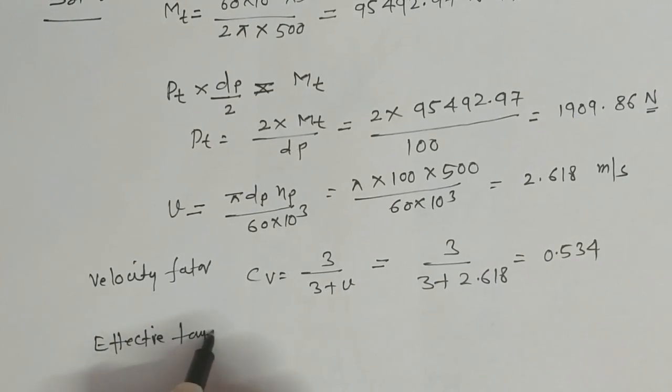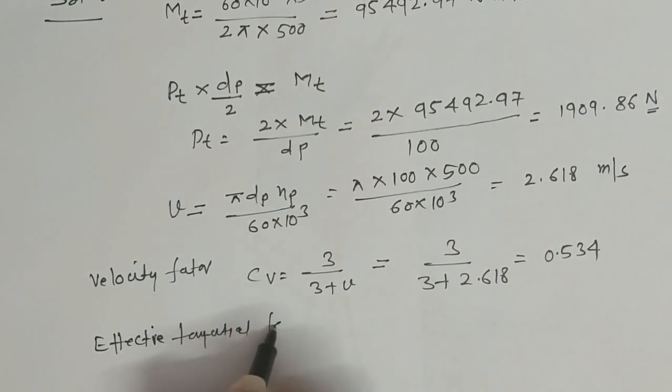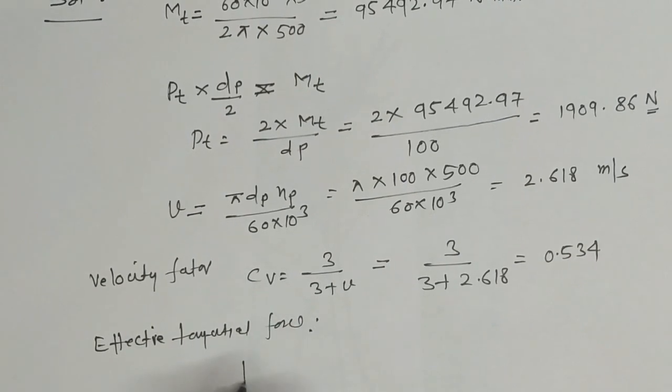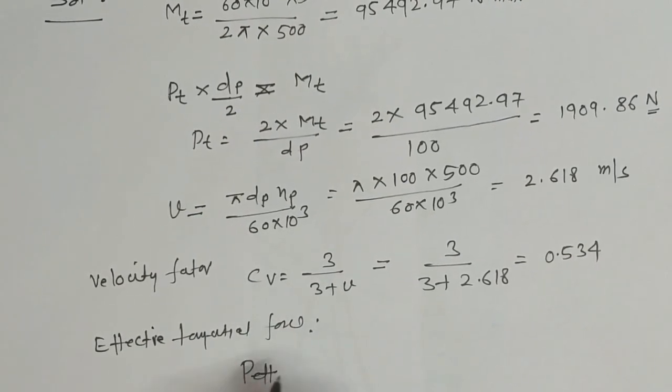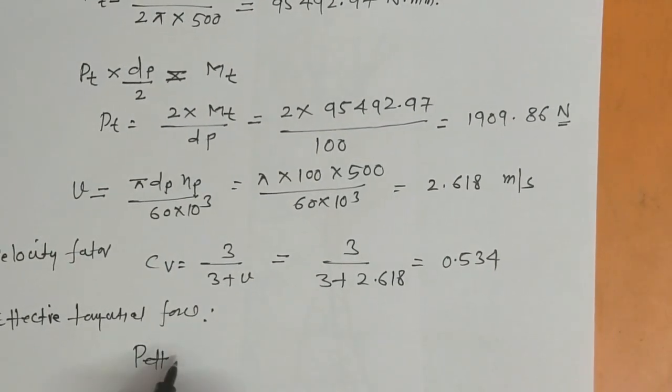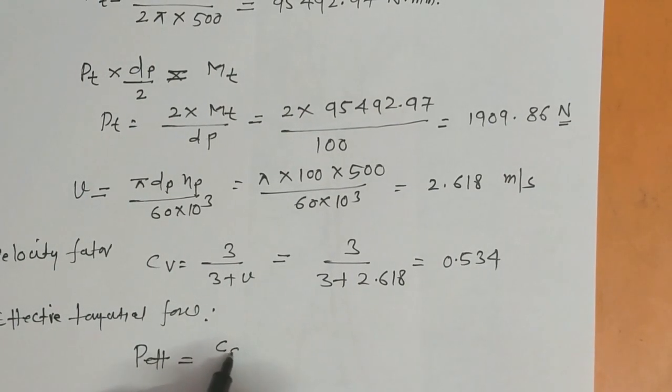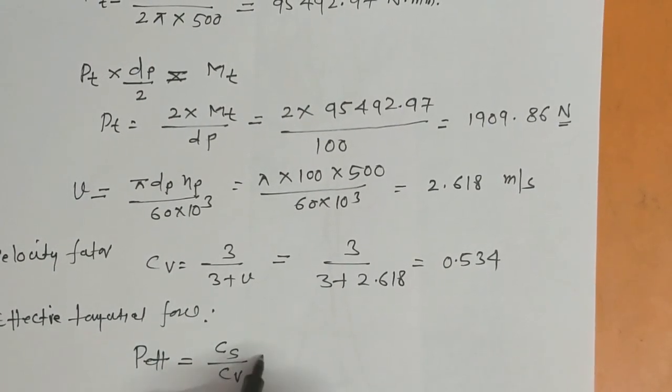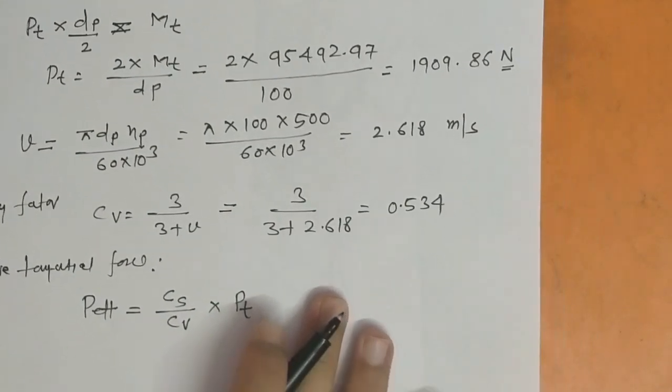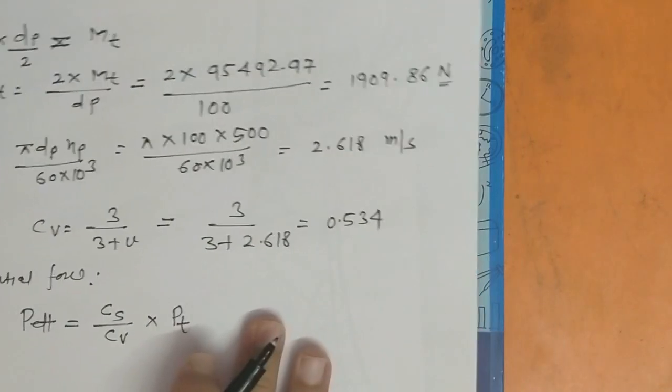After this we can calculate the effective tangential force. As we discussed in the lecture, P effective is given as service factor divided by velocity factor multiplied by PT, where PT is calculated from rated torque.